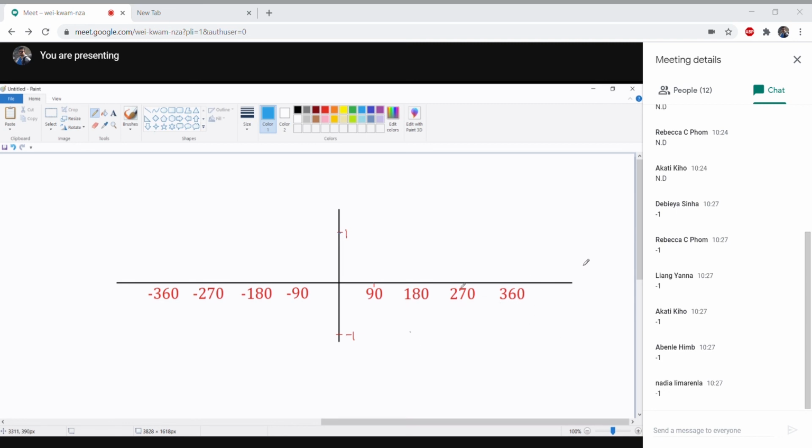Cos 270 is again 0, and then cos 360 is 1. So the cos curve is like this. Similarly, cos minus 90 is 0, cos minus 180 is -1, minus 270 is 0, and minus 360 is 1.